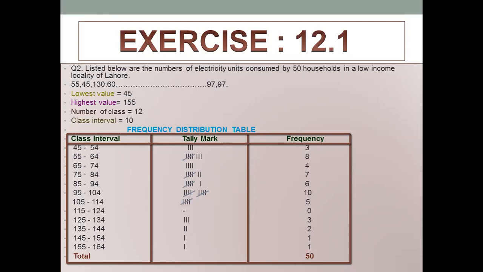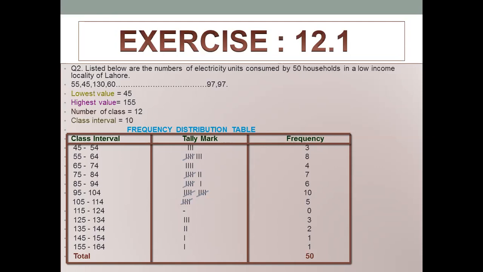First you arrange all the lower limits, then you can easily write the upper class limits. We start from 45 with the difference of 10, the next will be 55, 65, 75, 85, 95 till 155, and these are 12 classes. When you have written all the lower class boundaries, then you start to write the upper class boundaries.